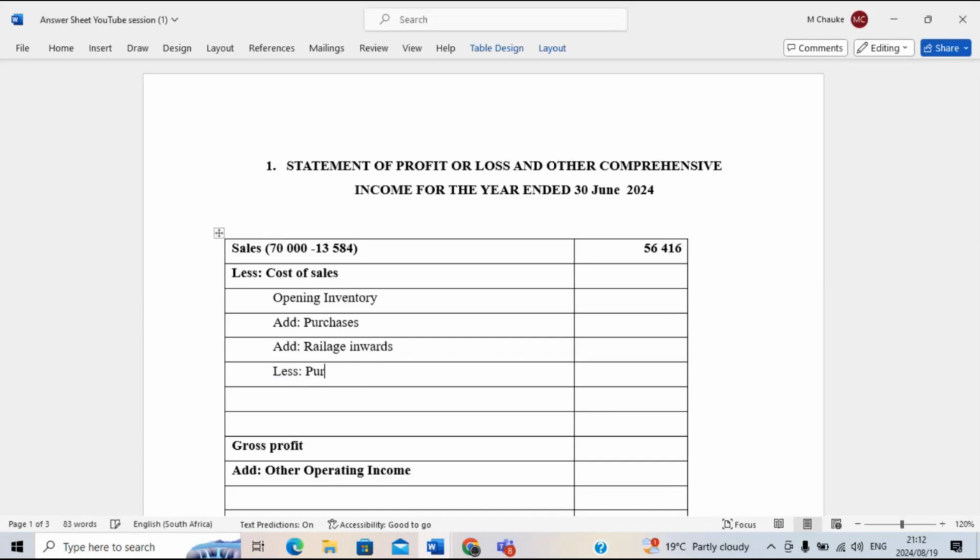If you remember, we already identified everything. I just want to be quick so that we don't waste time again, but all is well. And then we have to less closing inventory, right? Closing inventory.